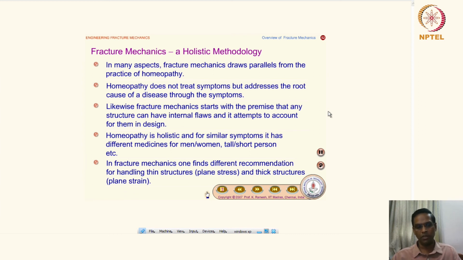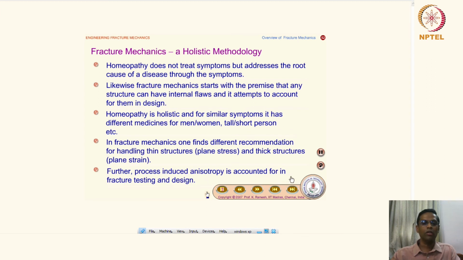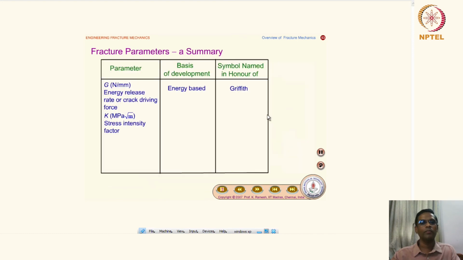For thin specimens, a particular type of recommendation; for a thick specimen, a particular type of recommendation is given as a solution for the crack problems. Further, the process-induced anisotropy is accounted for in the fracture testing and design. This is also another aspect to look at.